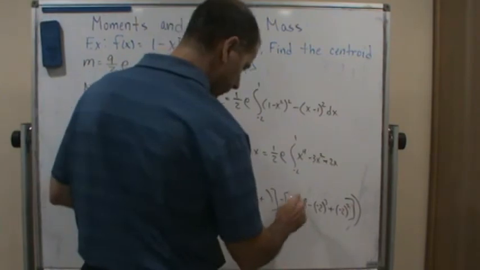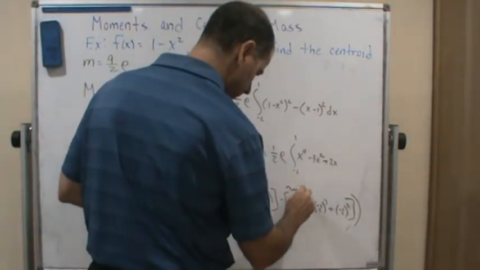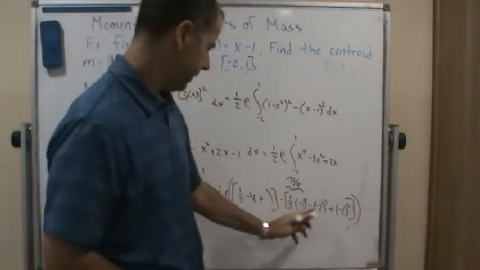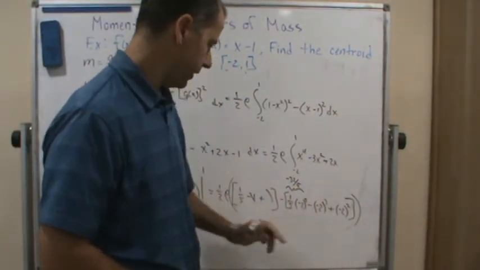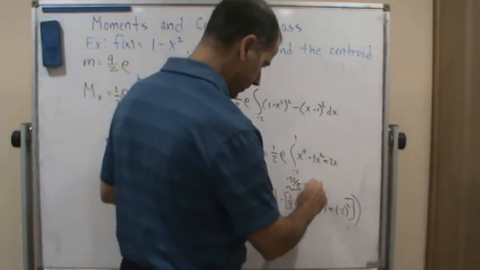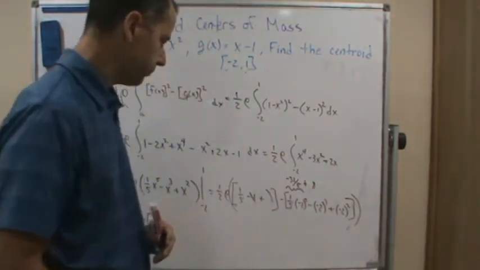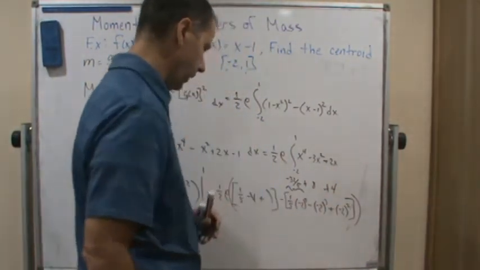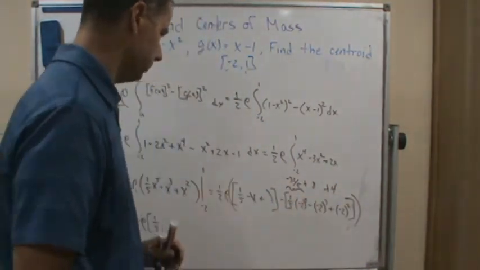So this is going to be -32 fifths. This is going to become a -8, but then it's going to be +8, right? So this is going to be a +8. And this is going to be a +4. And so we get +12.